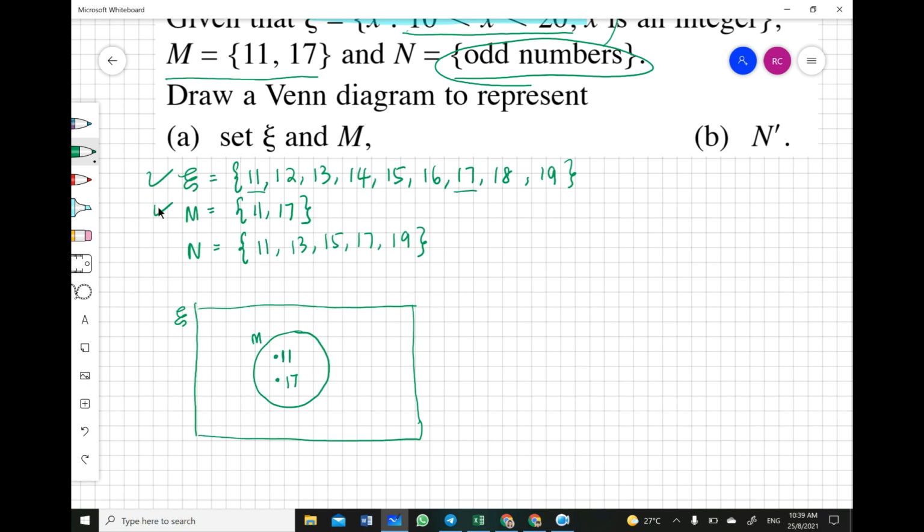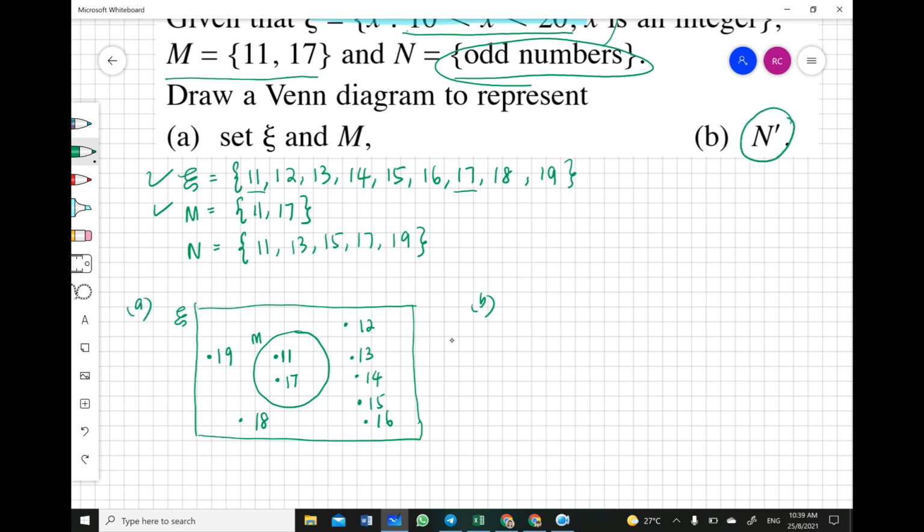The rest of the numbers will be outside M, so we just list them anywhere in the universal set: 12, 13, 14, 15, 16, 18, 19. Make sure they are not inside set M. So we have done the first one. Isn't it easy?